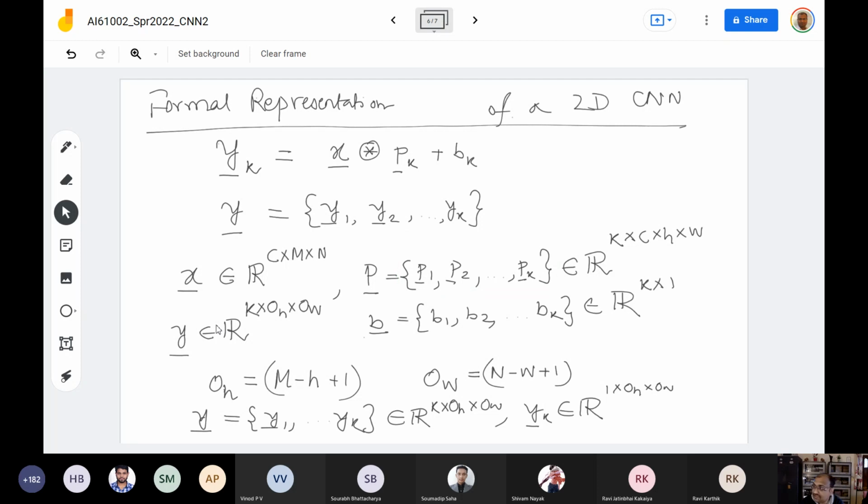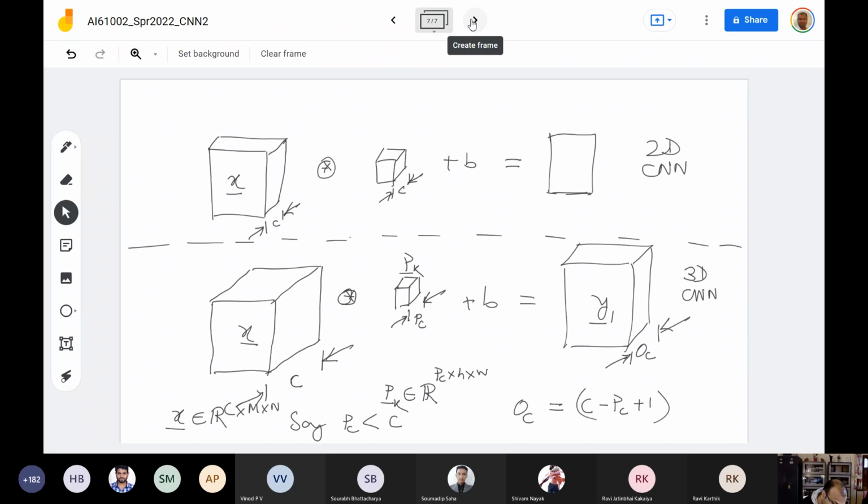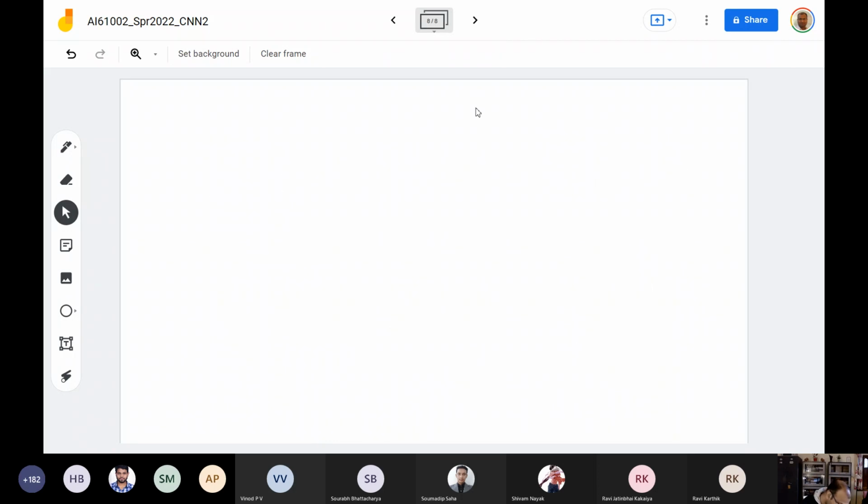Now in the next slide, what we wrote down is a 3D CNN. This is a snapshot of a 3D CNN. If I want to write down the full operation of a 3D CNN, it is going to look something like this. Let me write the formal operations in a 3D CNN.